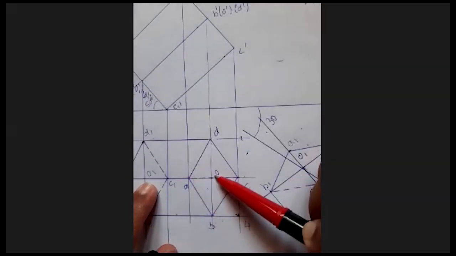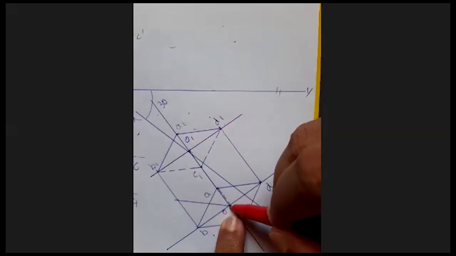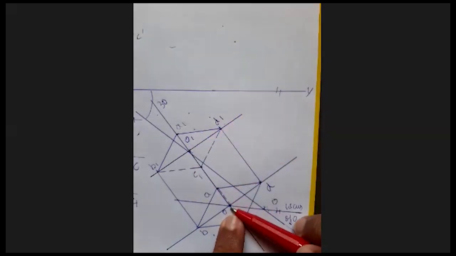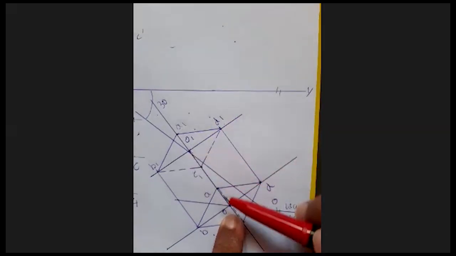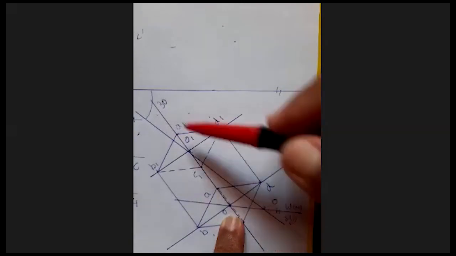The length of this OO1 is 45 mm. I have kept O as a center, and I have cut this locus at some point with a length of 45 mm. Then I have extended this whole line.